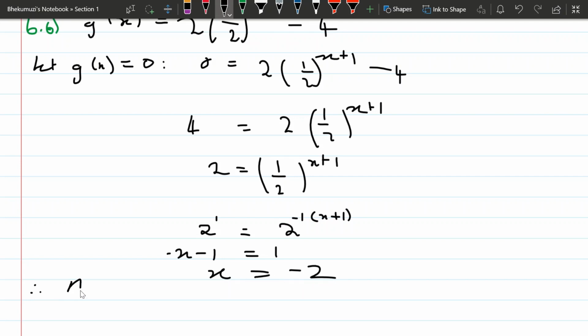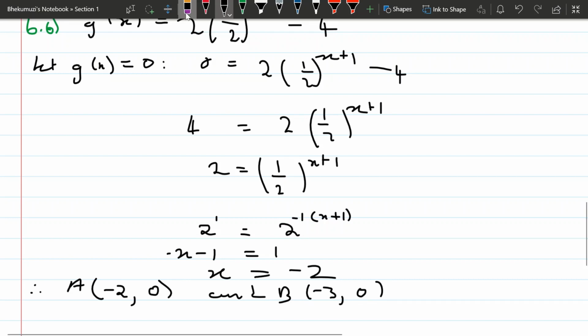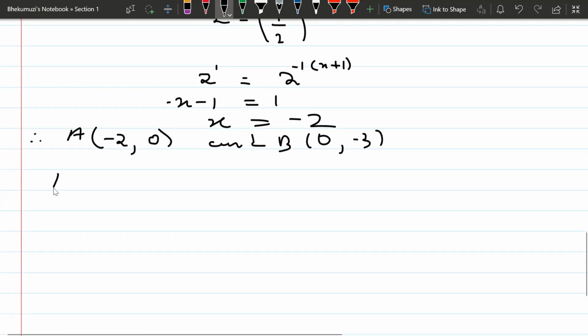Therefore, for A, we know now it is negative 2 maps to 0, and for B, we know from previously it's, sorry, not minus 3 maps to 0, but 0 maps to minus 3. So it's 0 that maps to minus 3 because it's the y-intercept. But then we need the average gradient.